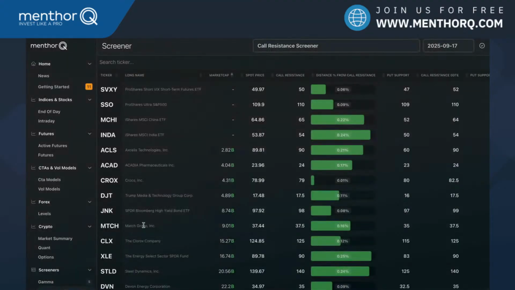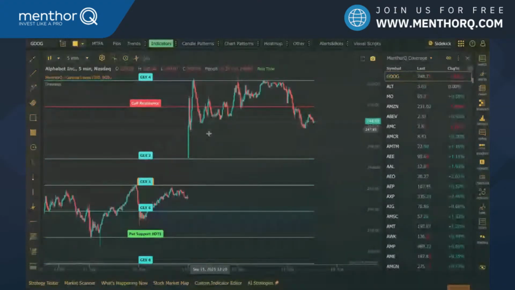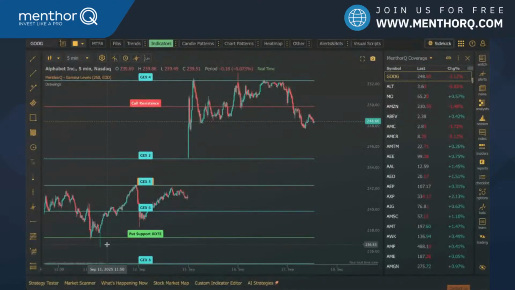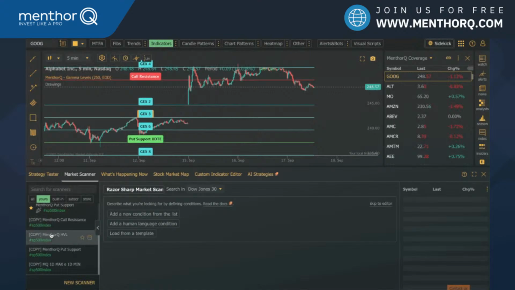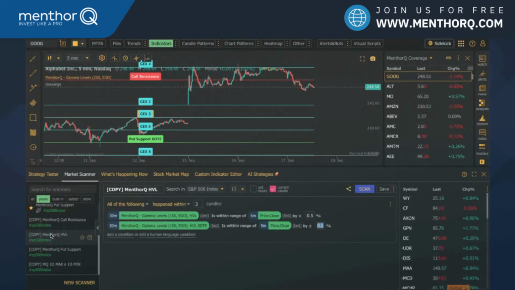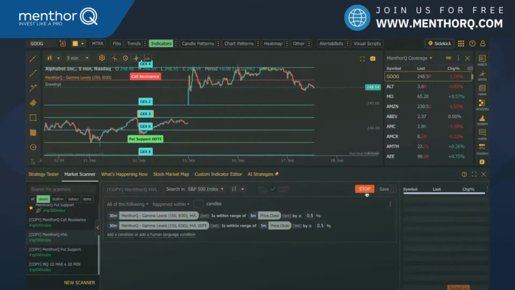So we have match.com, we have XLE. I'm going to show you something really interesting that is available on TrendSpider. For those who are using the platform, you can now do intraday real-time scanning. I could come here and say, okay, I want to see all the stocks that are now approaching the high vol level and high vol level 0DTE. I can quickly scan.